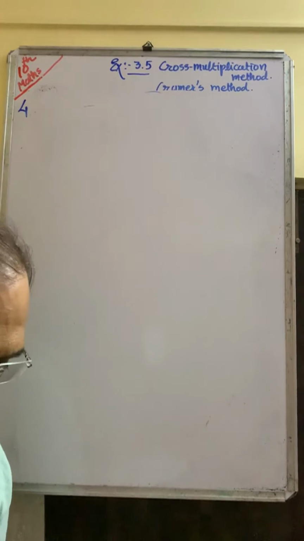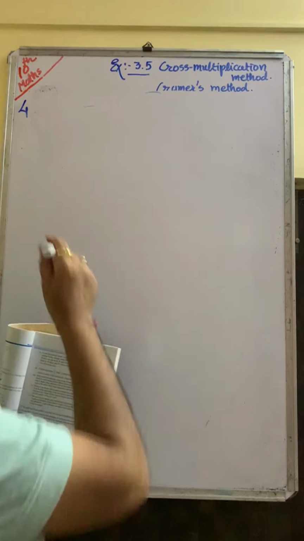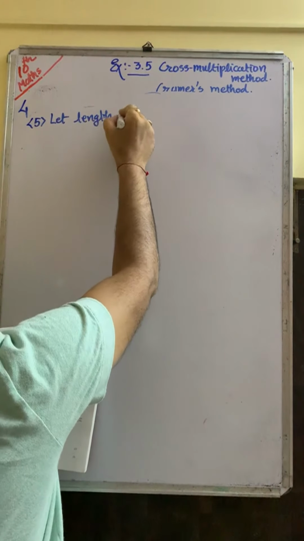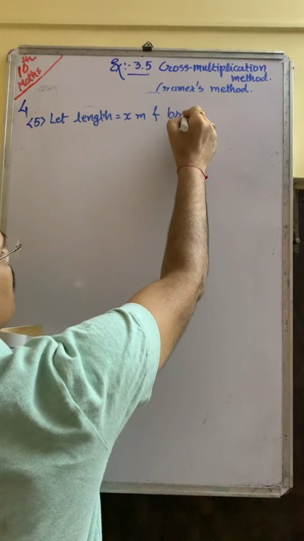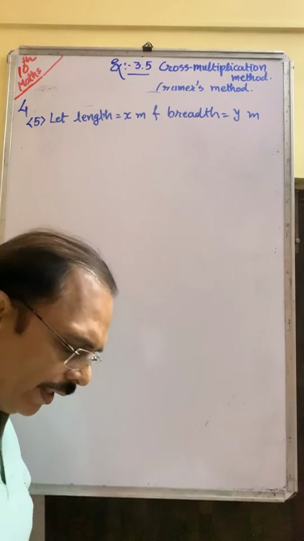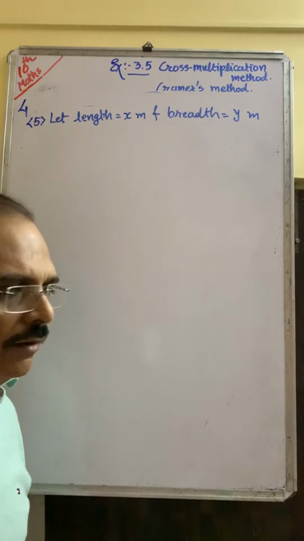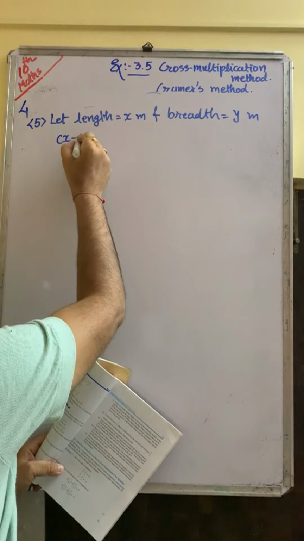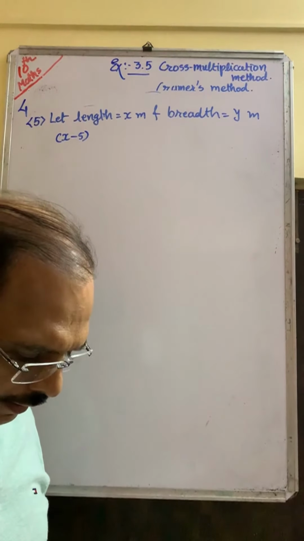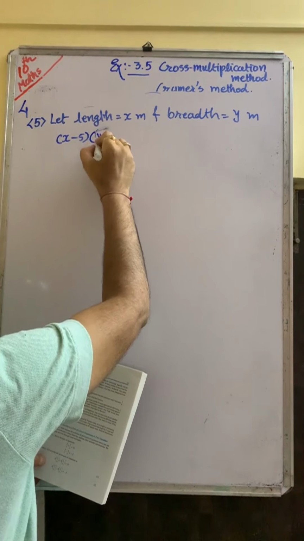Area of rectangle gets reduced by 9 square units. So you have to suppose the length and breadth. Let length equal x meters and breadth equal y meters. The area of the rectangle gets reduced by 9 square units if its length is reduced by 5, means x minus 5, and breadth is increased by 3, means y plus 3.